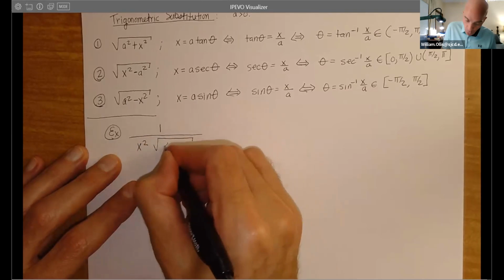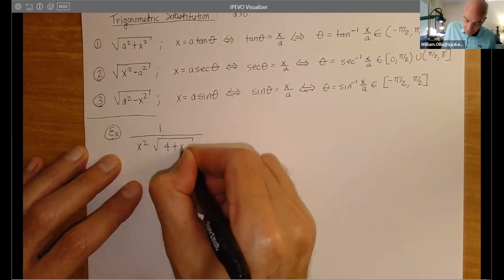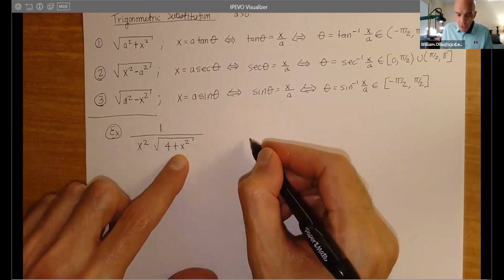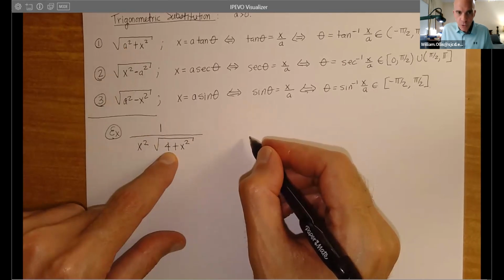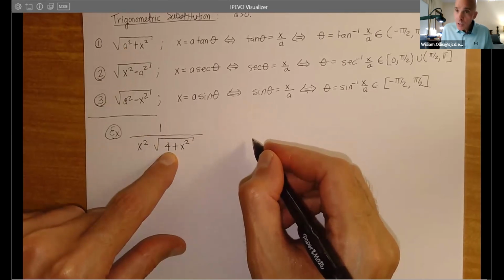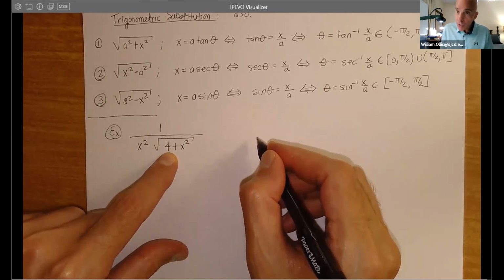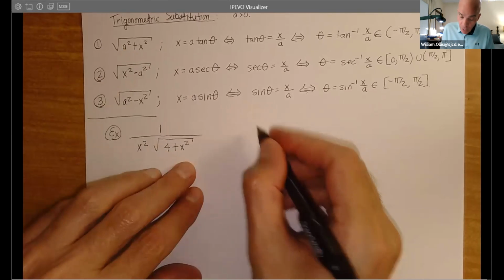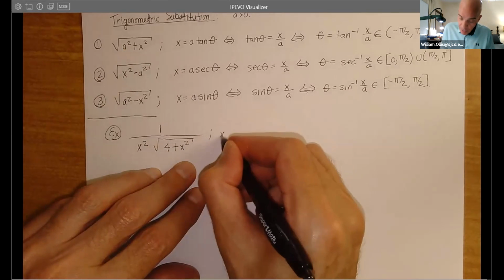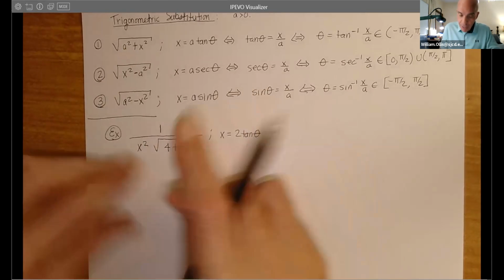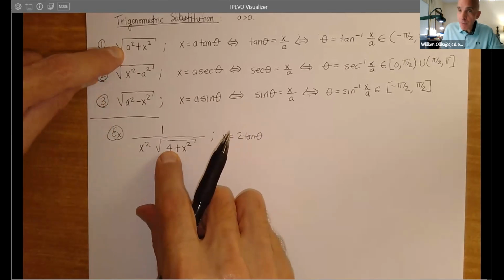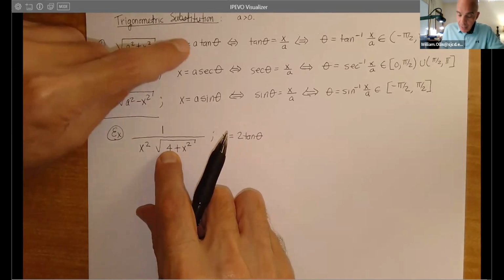So if we had 4 plus x squared here, then you'd look up here and say, okay, well, the a squared is 4, so a is what? 2, the square root of 4. So this would say use x equal 2 tangent theta. So we compare here, the a squared is 4, so a is 2.